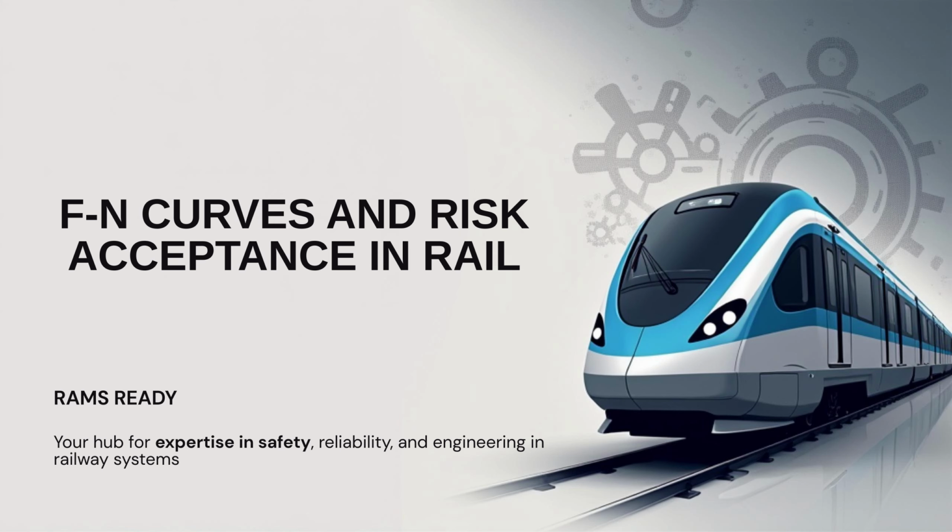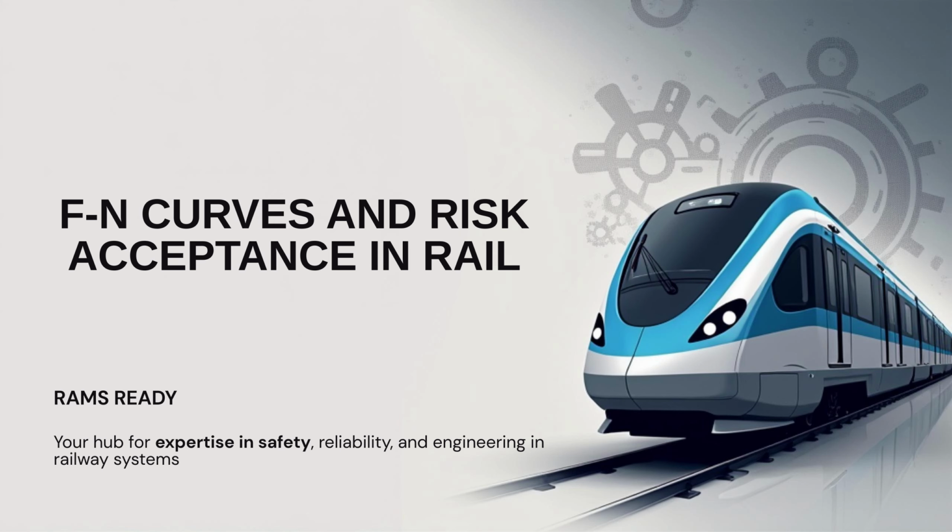And critically, it lets us compute individual risk. We can take the parameters derived from that collective FN curve, particularly C and alpha, and combine them with an individual's specific exposure time to estimate their personal probability of harm. It really brings together the concepts of collective risk, societal preferences, and individual exposure we've been discussing into a cohesive framework. It connects the big picture to the personal level.